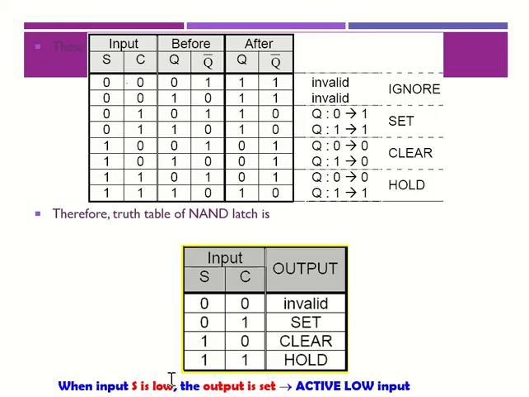you have a situation where the enable is 0, and this becomes 1, 1. The output is going to be hold.